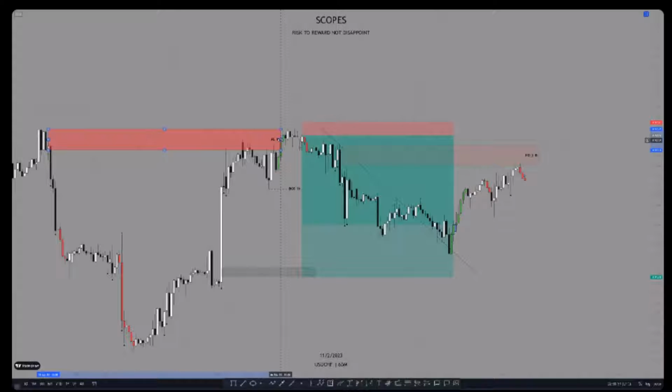You can see all these wicks, buyers and sellers arguing at the same time. It hits a POI. The reason I'm not out of the trade is because of these two levels here, and we've not broken anything major. This is an internal break. For me, it's this break that I would be looking at, and down here.